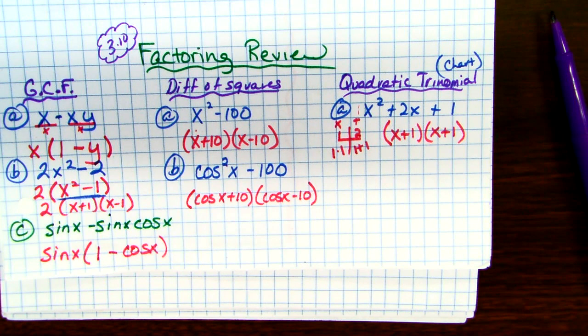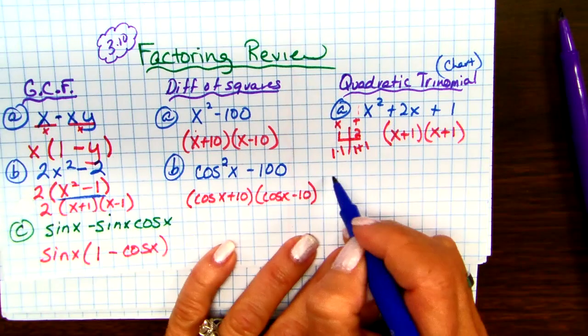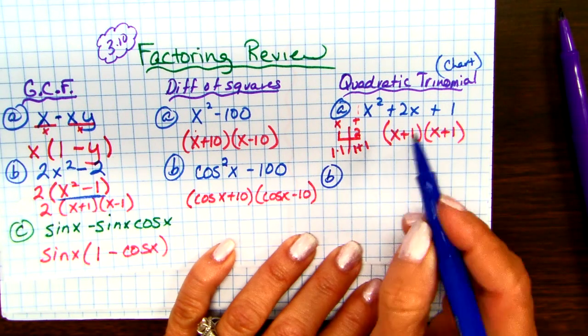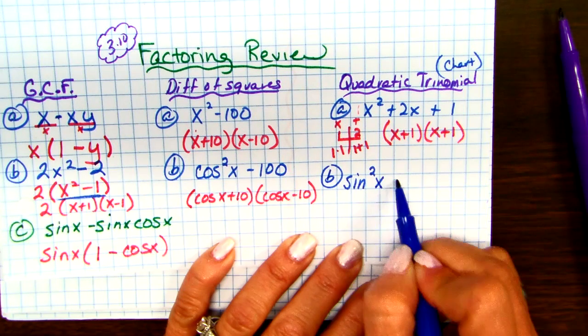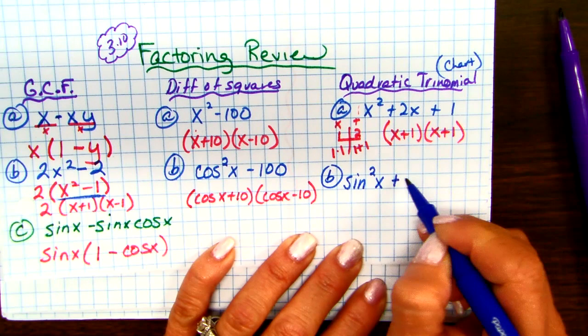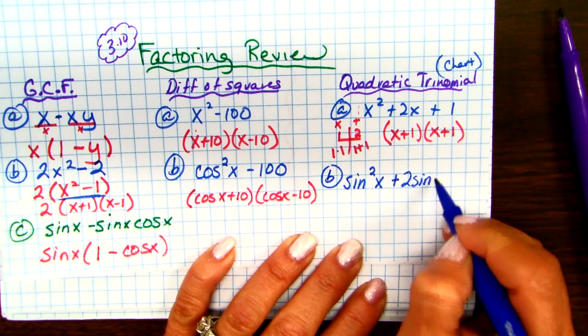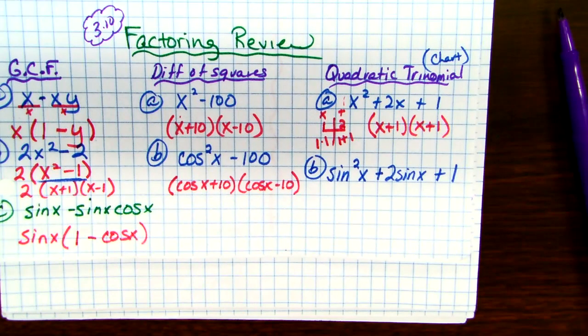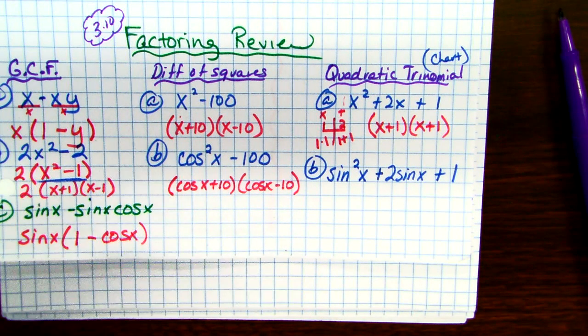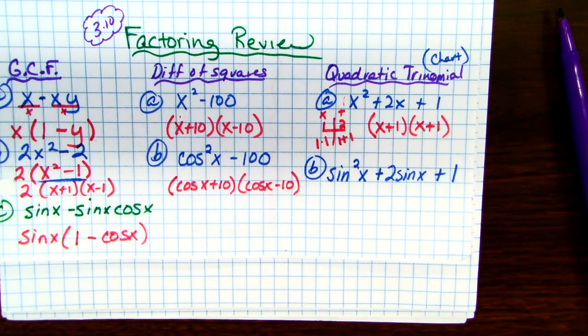Okay, so that's algebra. Let's do the same exact problem, throwing trig words into it. Sine squared x plus 2 sine x plus 1. If you remember back in 3.10 when I taught these to you, I said, well, if it helps, take the word sine out of it and just put the variables in.